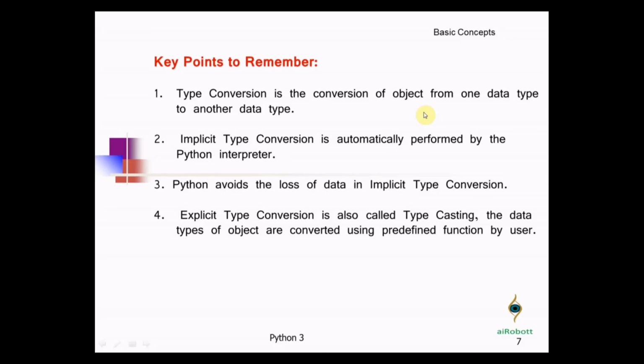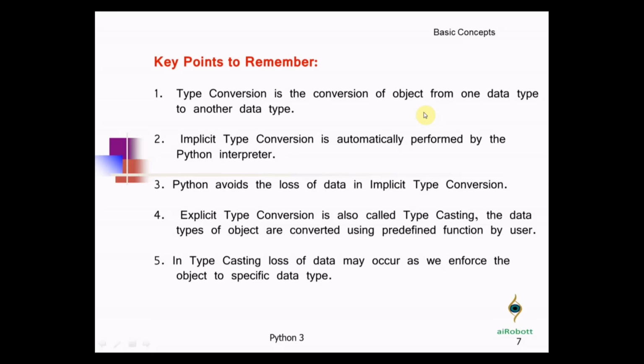Explicit type conversion is also called typecasting. The data types of objects are converted using predefined functions like integer, float, complex, etc. In typecasting, loss of data may occur as we enforce the object to a specific data type.